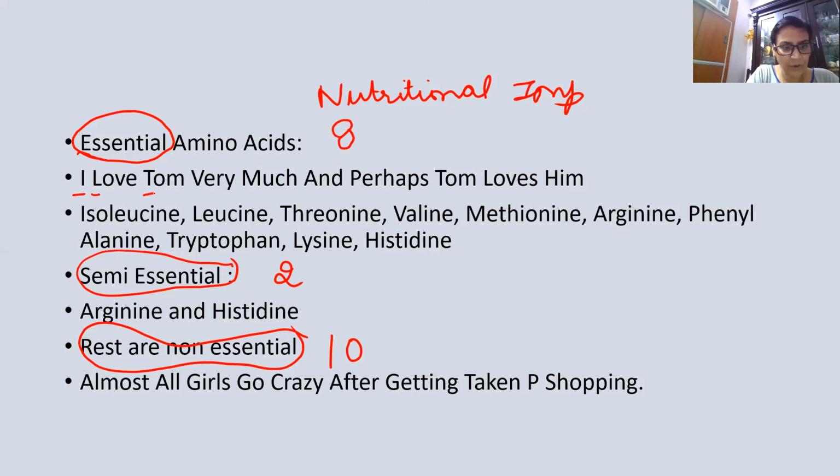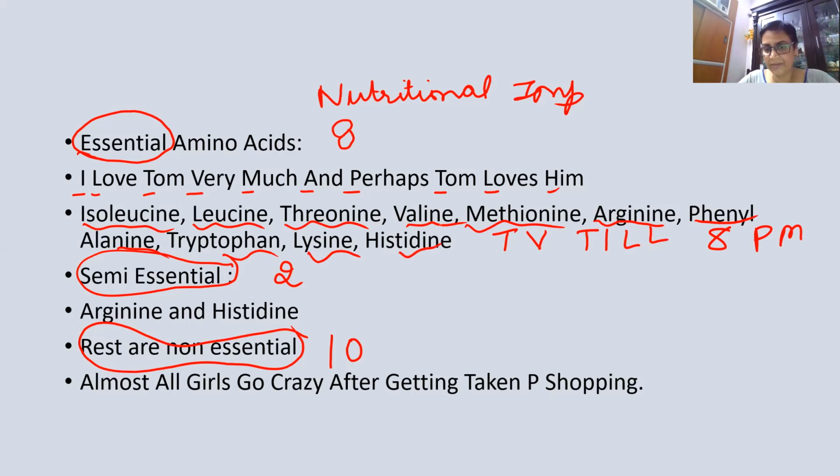I love Tom very much, and perhaps Tom loves him. This is one mnemonic. Another mnemonic is TV till 8 p.m. These are the two different mnemonics for this. I stands for isoleucine, leucine, threonine, valine, methionine, arginine, phenylalanine, tryptophan, lysine, and histidine.